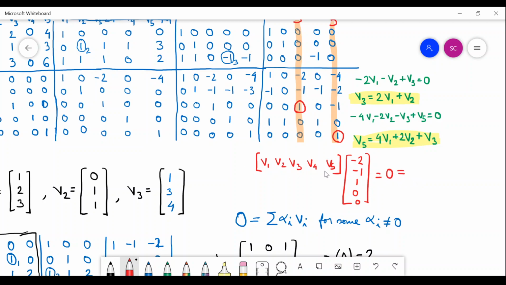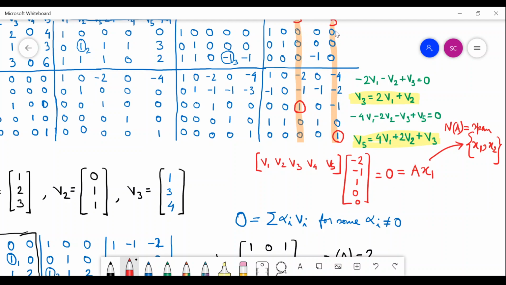This is nothing but A, and this is one vector x1, which satisfies the equation A x1 equals 0. So you get x1 as a basis of the null space of A, equal to the span of this vector, comma, another vector x2.